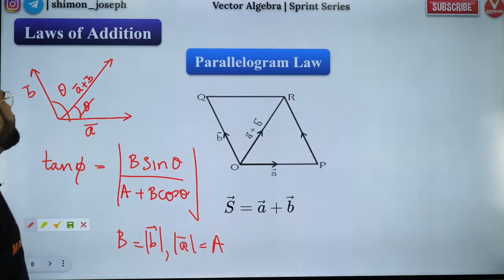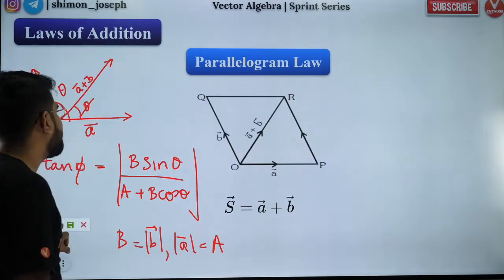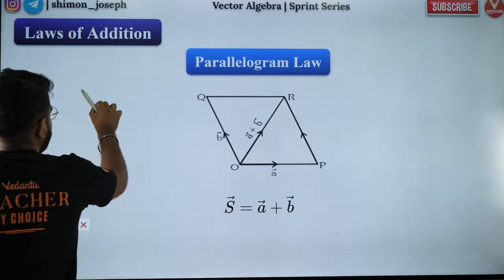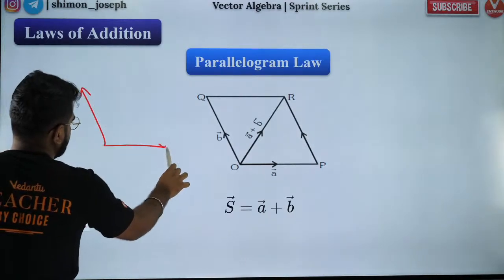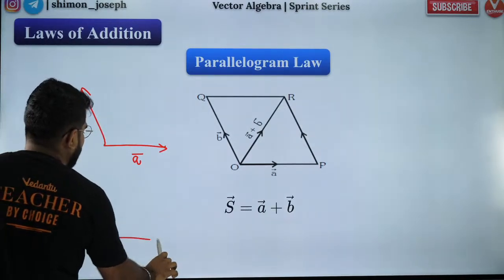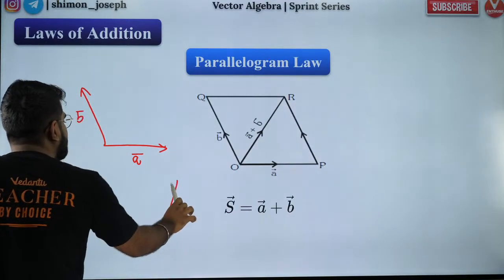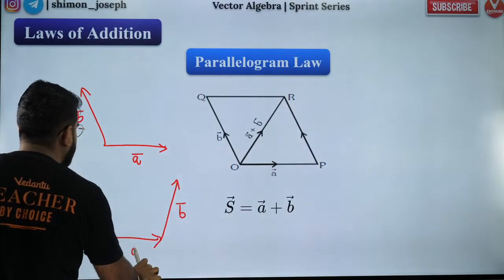What is the difference between these? These are all different laws of vector addition. Nagasai, if you observe carefully, here the A vector and B vector are like this, so they have the same initial point. But in the triangle law, wherever A ends, from there I will start B. So obviously they are different.